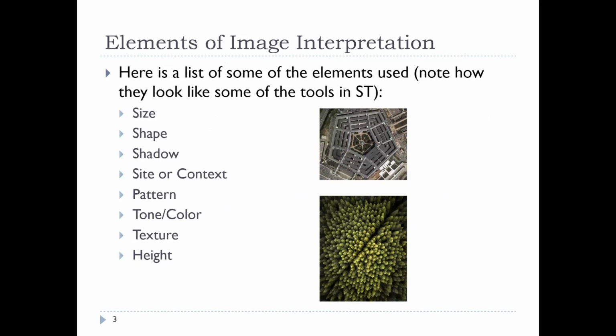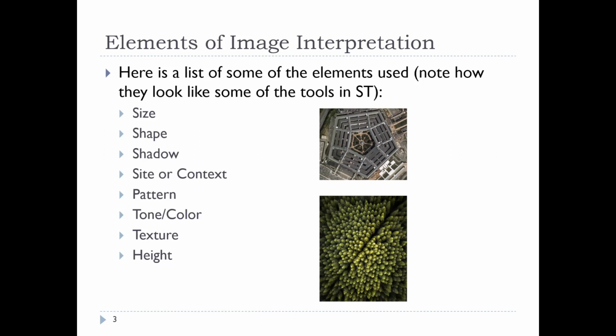So here are the elements of image interpretation. And what you should note is we talked about these in lecture number 5. These are some of the tools that are often used in spatial thinking. So the elements are size, shape, shadow, site or context, pattern, tone or color, texture, and height.